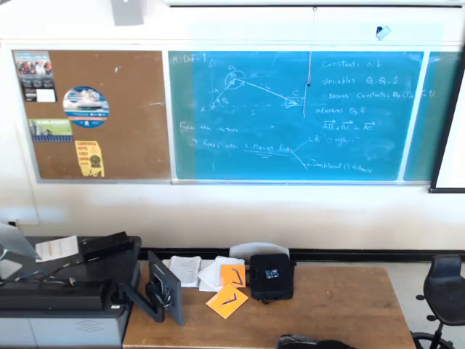What would be the x component of vector OA? X component of OA and y component of vector OA. Exactly. A cosine of theta, A sine of theta. This is the x component of OA.